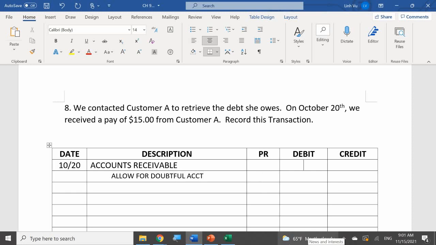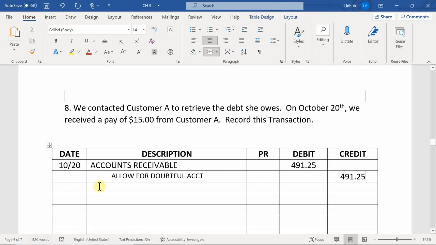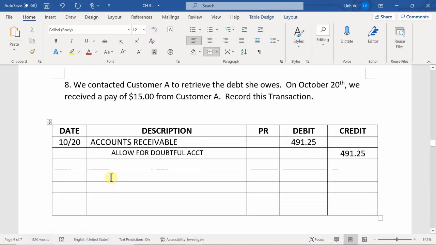So we're going to put the whole entire amount back. Right now, $491.25 is what she owes. Now we need to also record the payment of $15. Cash or check? I didn't specify, so in this case, cash or check.